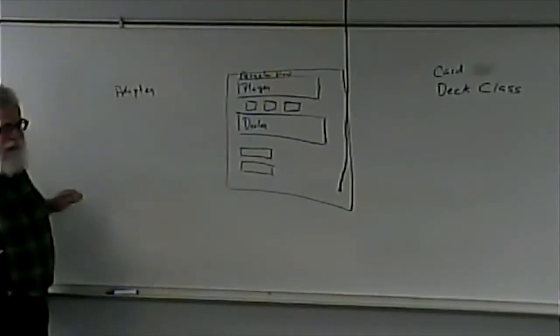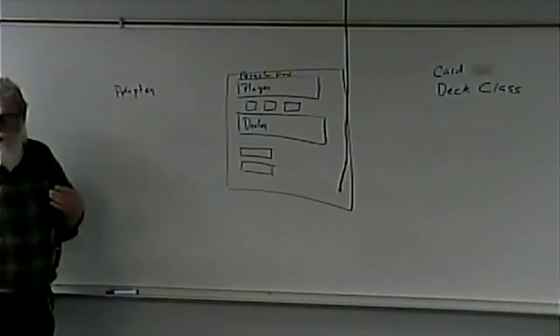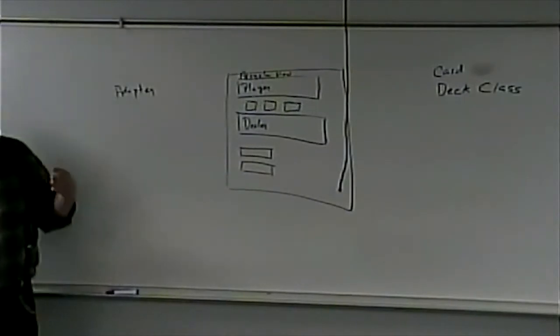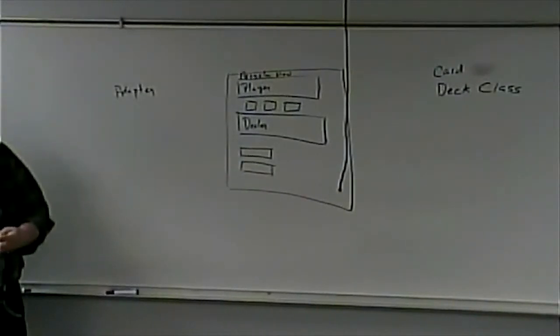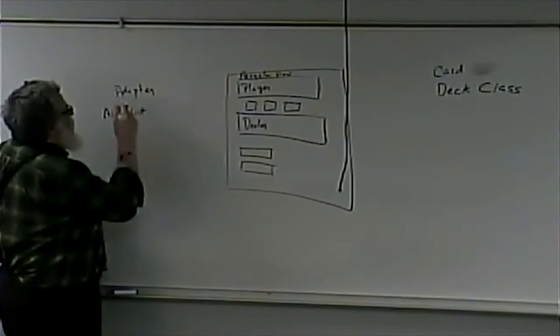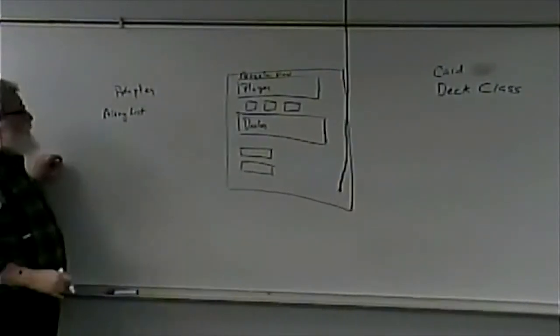Right? And the adapter, typically, one of the things that you give the adapter is, in the examples we gave so far, an array list. Okay? So what's that array list going to be comprised of?